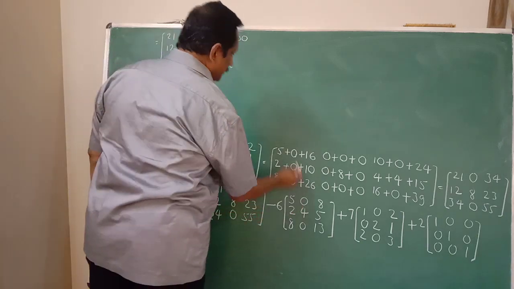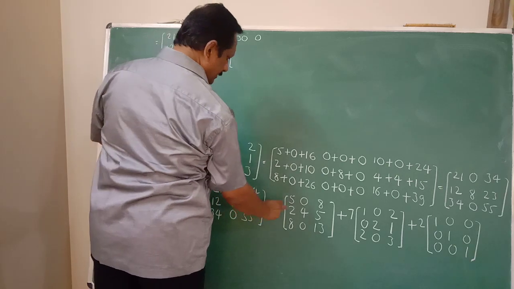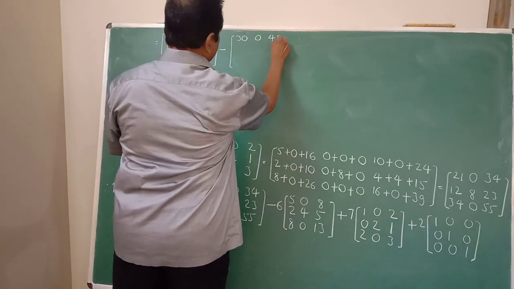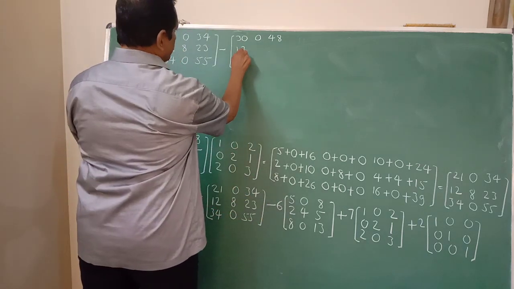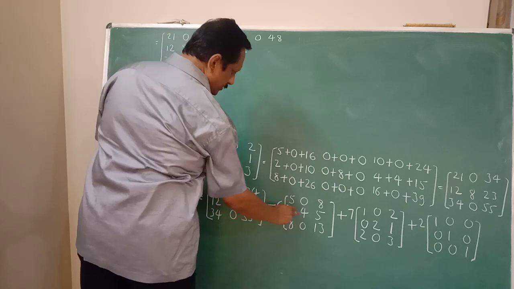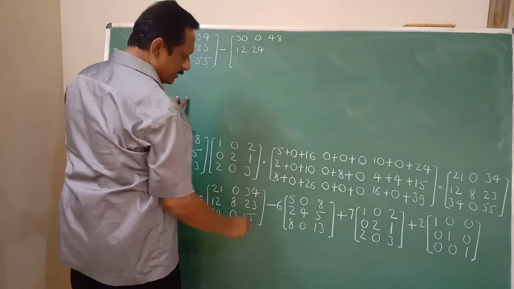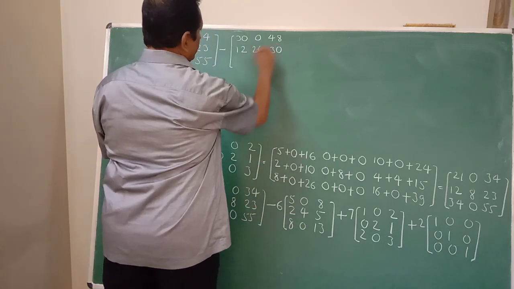Here 6 into 0 is 0 here. Then 8 6s are 48 here. So right here 48. Then 6 2s are 12 here. So right here plus 12. 6 4s are 24. Plus 24 here. 6 5s are 30. So right here 30 here.